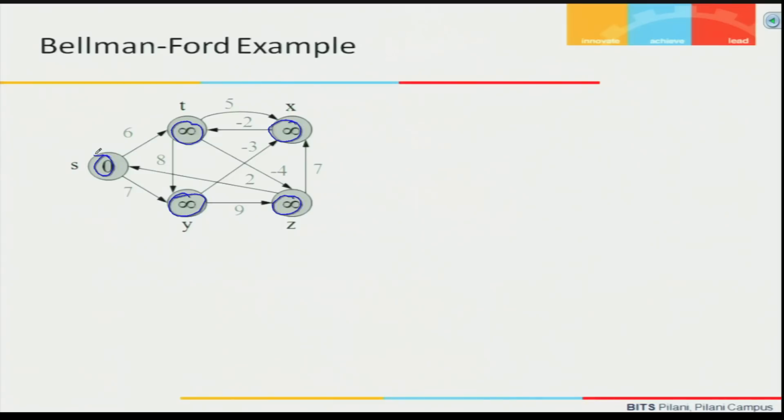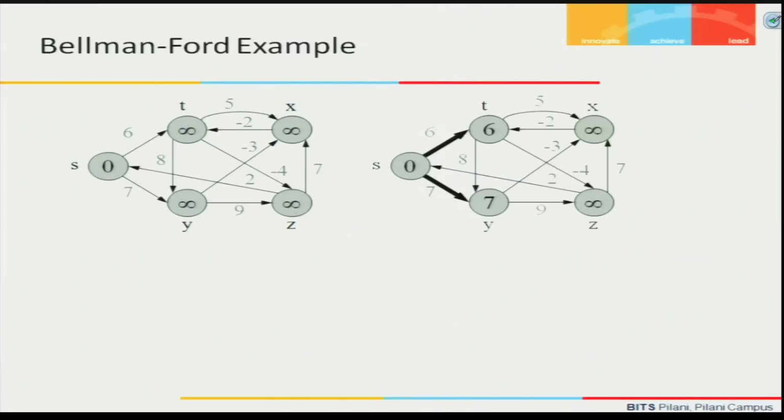So, initially all the vertices are at an infinite distance from the source vertex. Now, we look at all the edges of length 1 going out from s, update their d values. Again, this is the same edge relaxation technique. So, we update these values to 6 and 7.